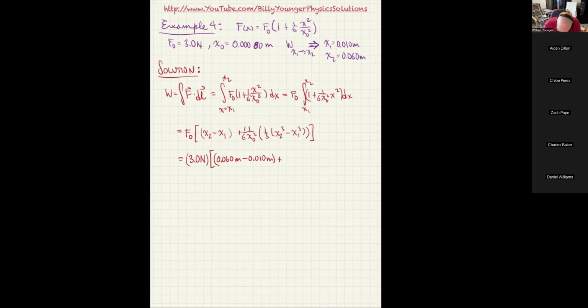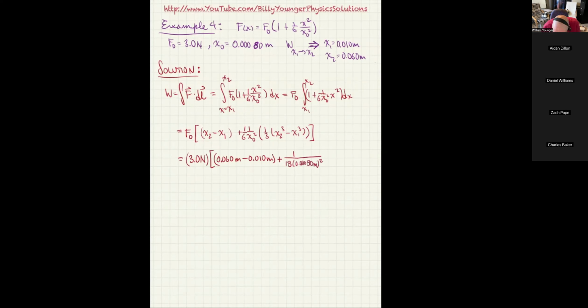Now we also have, in this case, I'm going to go ahead and distribute the 1/3 and the 1/6 to make it 1 over 18. And I'm also going to go ahead and plug in what the x0 is. So what I'm going to have is 1 over 18. 1 over 6 times 3 is 18. And then the x0 was 0.00080 meters squared.